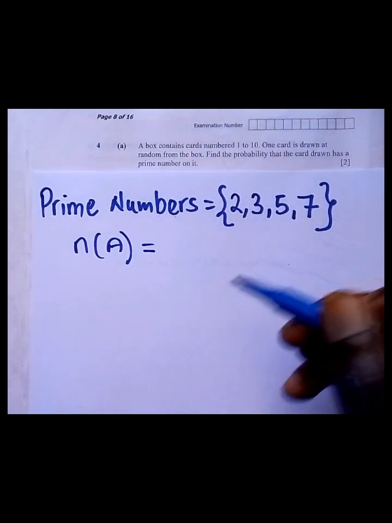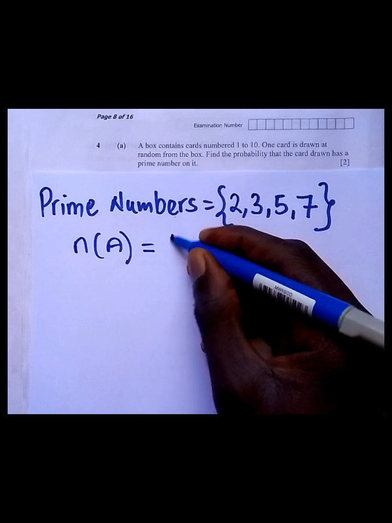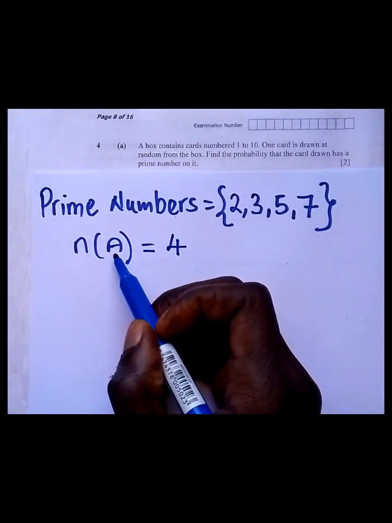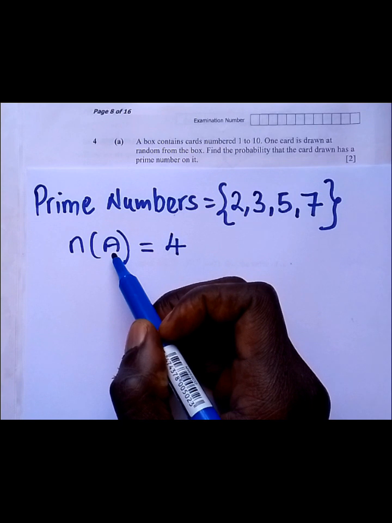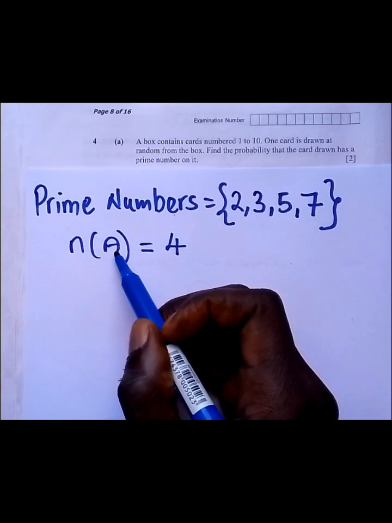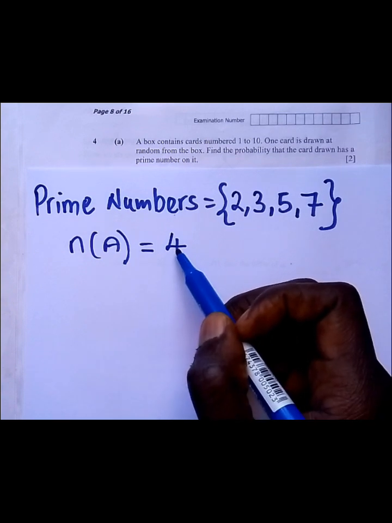If you count those, they are 4. So the number of outcomes of event A is 4.